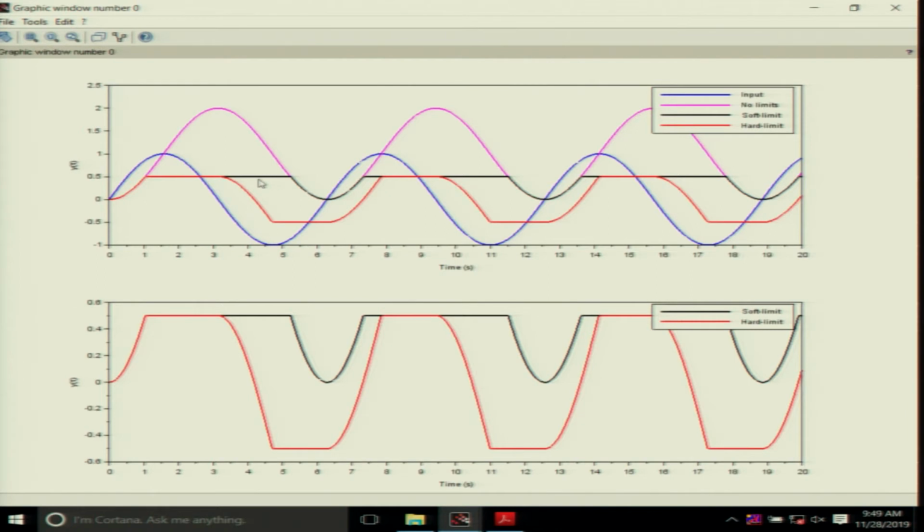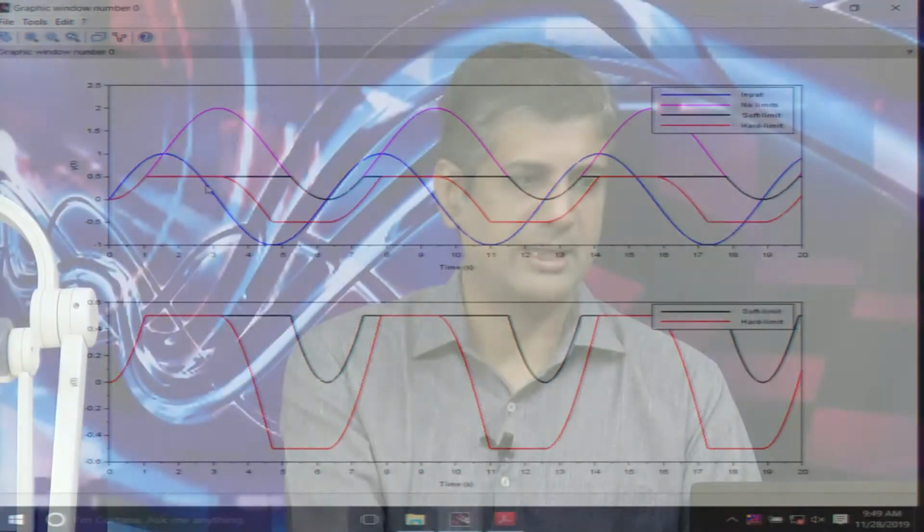So, a plain soft limiter or clipper will take a long time to respond and come out of its limit, whereas at the first available opportunity the hard limiter comes out of its limit because it has stopped integrating at this point. So, this is a subtle difference between the two limiters. You can look at this program which will be uploaded as a part of the material and try to understand what it does.